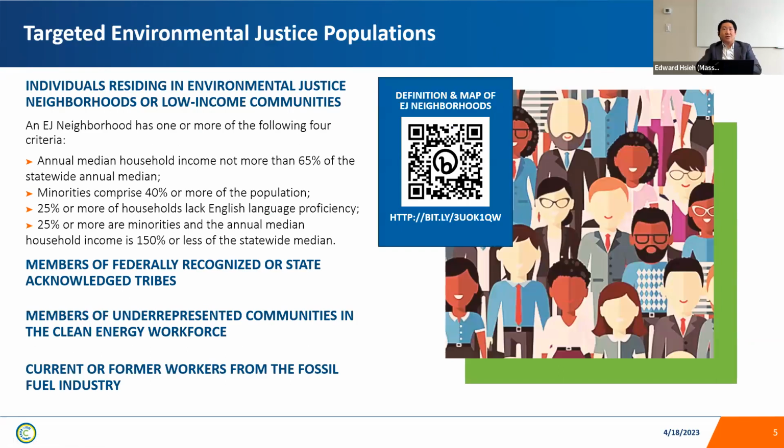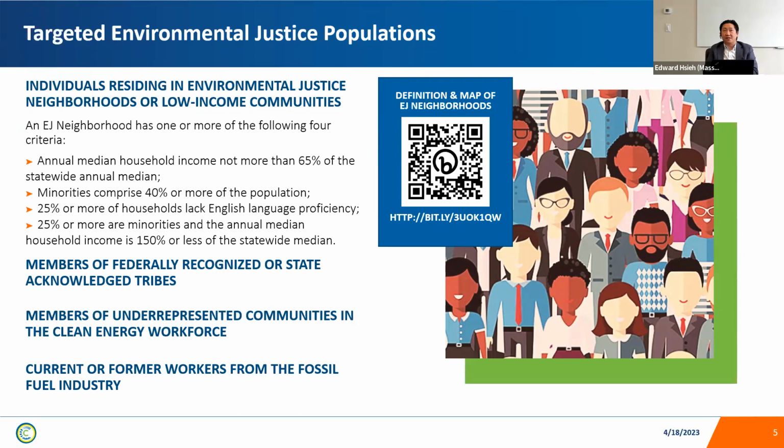In addition to the MWBEs, we are supporting specific populations of individuals. Individuals who live in environmental justice neighborhoods. Those are the neighborhoods which are disproportionately impacted by climate change. You can see the list here, the bullets of what's legislated as the EJ neighborhood.